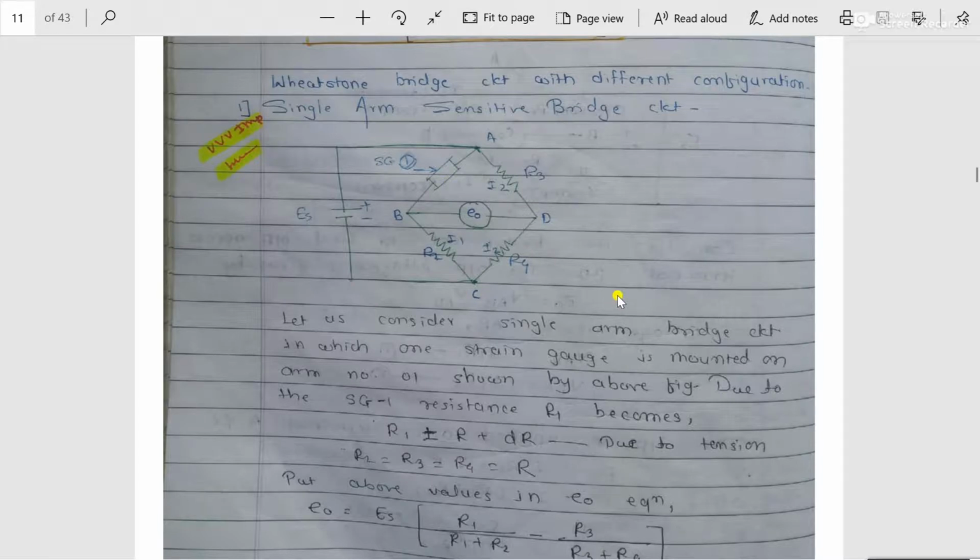So if I have to derive the single arm sensitive bridge circuit, initially I have to consider whether that strain gauge is subjected to tension or compression. Already I have explained in the construction of the Wheatstone bridge circuit that we always consider arm number 1 and arm number 4 to be subjected to tension, because they are in front of each other and therefore behave similarly.